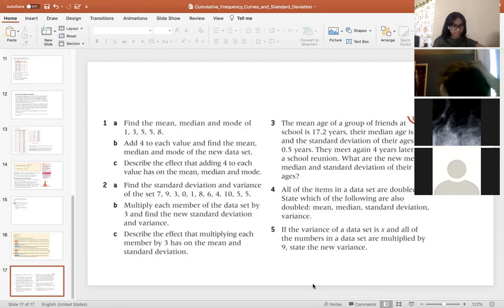Okay, cool. Does everyone have their answers? Yes. So the mean is 4.4. Yep. And then the median? Median is going to be 5.